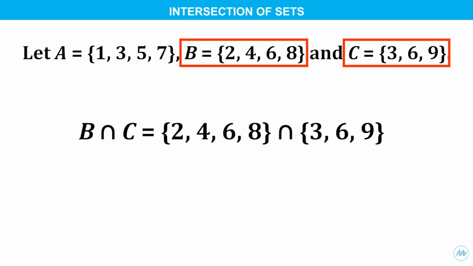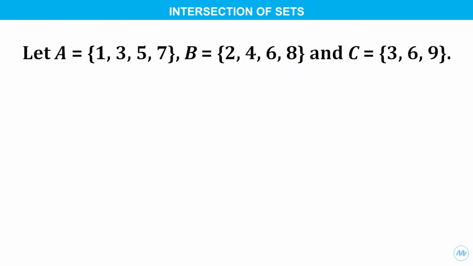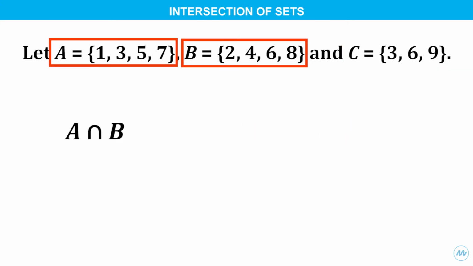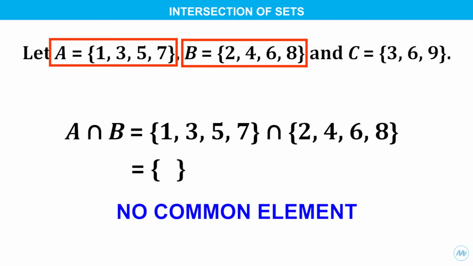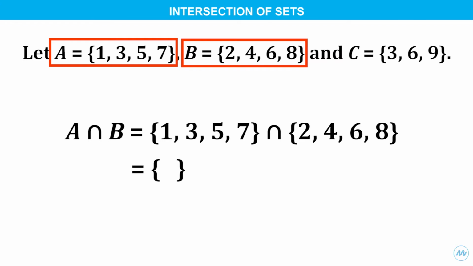By inspection, the element 6 is the only element common to both B and C. For A intersection B, put together all the common elements in one set. In this case, the two sets bear no common element. Thus, the intersection of these two sets is an empty set.